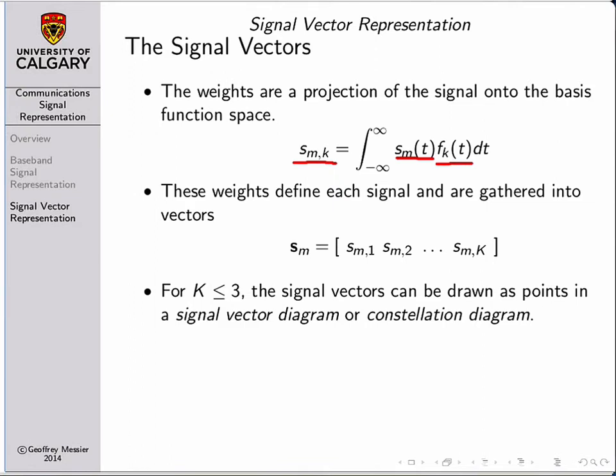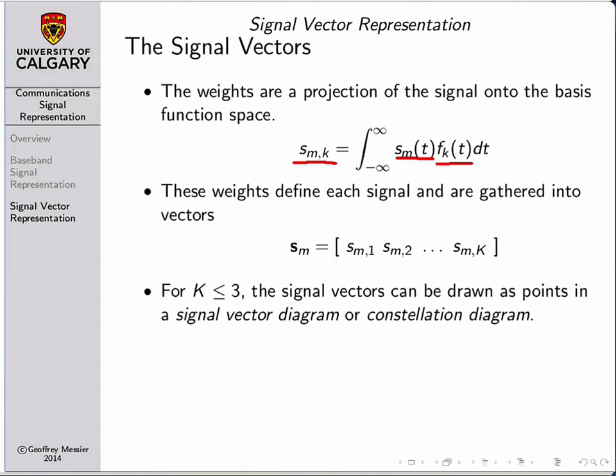Although, as we're going to see when we look at linear modulation, you can always calculate the weights this way, but the formulas we're going to use to determine the signal vector weights are often given to us. And so it's basically the weights that define each unique signal. So remember, the basis function signals are constant.